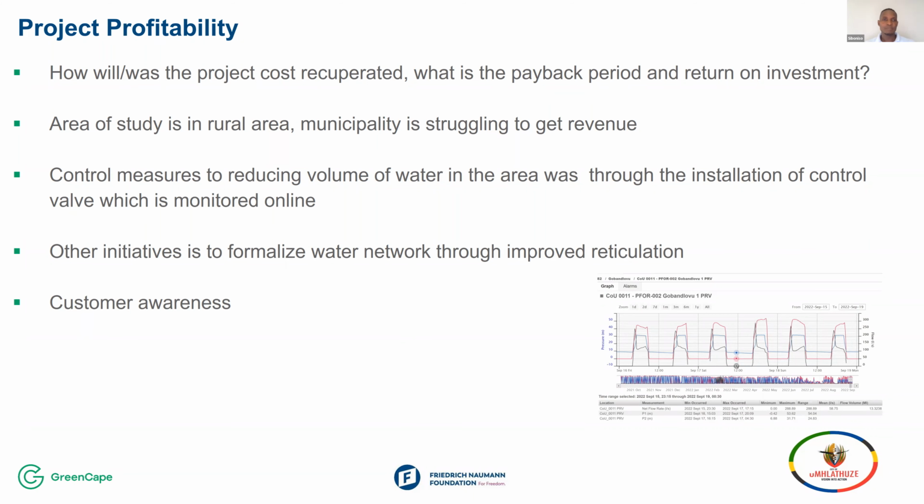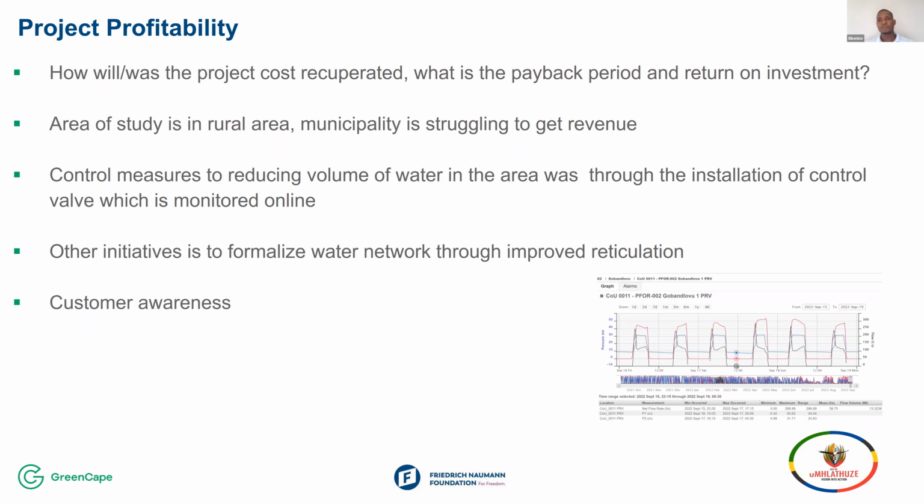So we implemented some control measures by reducing the volume of water that goes through these areas, as can be seen in this picture. This is the live photo taken from the portal that controls the water going through the uMhlathuze area. Other initiatives are to formalize the water network through improved reticulation.